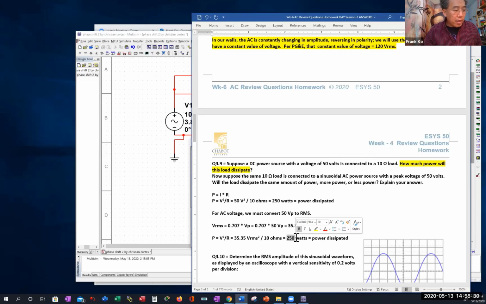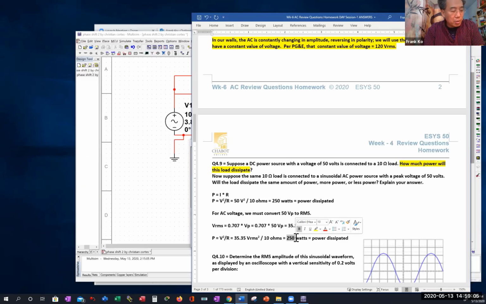Kyle, what kind of number do you have? 35.35, square it, and then divide by 10. What do you get? One second. I keep getting an error. No, not 35, 35.35 squared, and then hit equals.